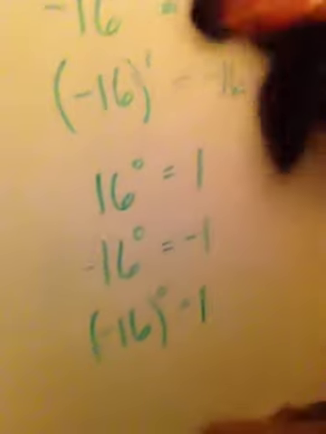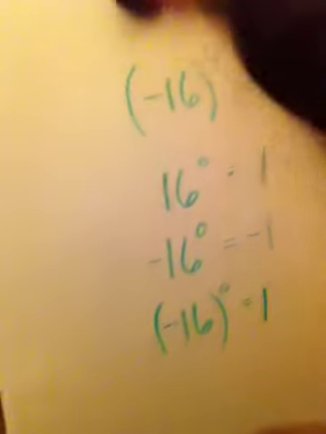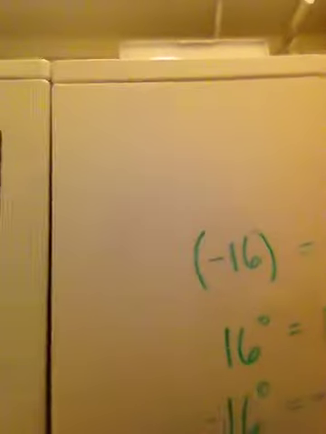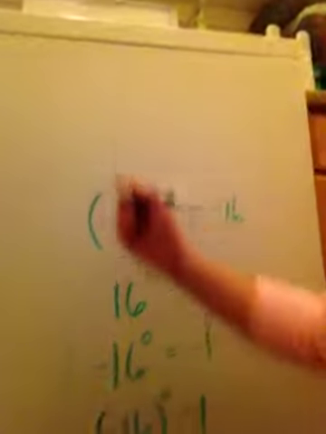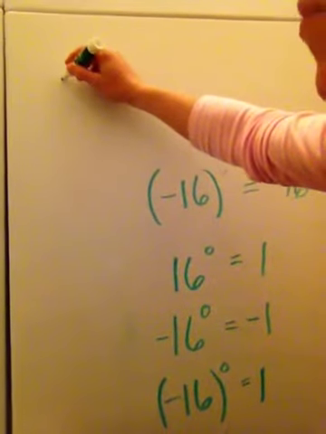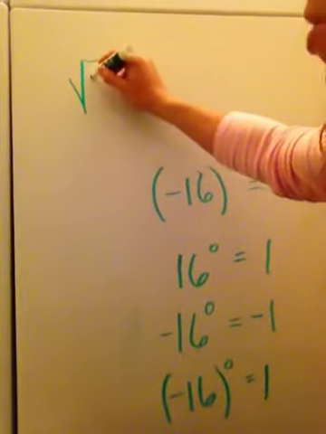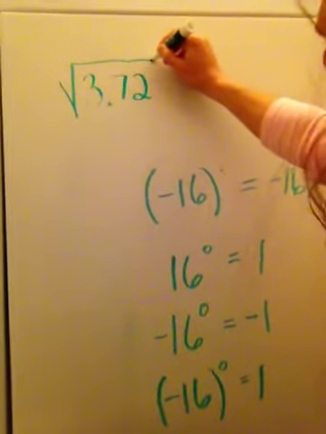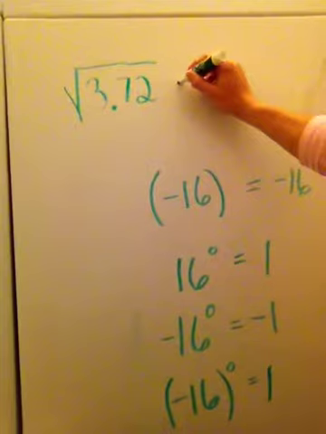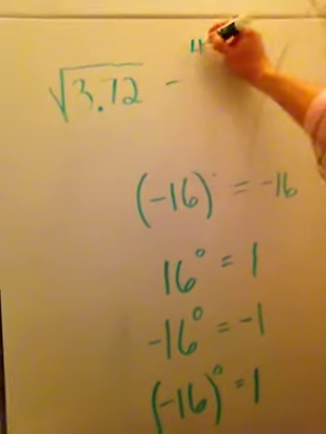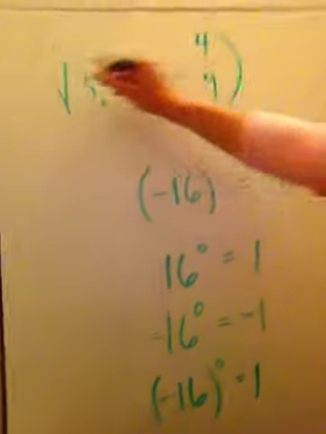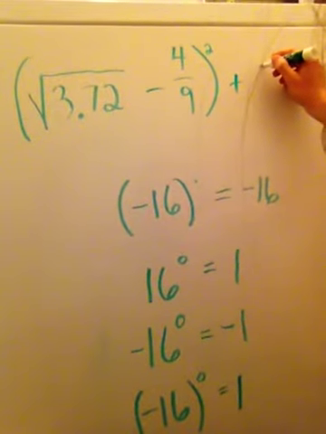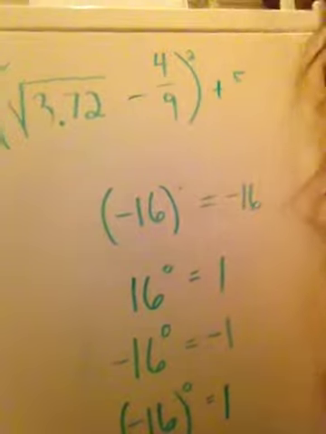Okay, so this is where you can impress your friends. If you want to write something super crazy, you can make up anything you want. Here's a really crazy one: square root of 3.72, which is not pretty at all, minus 4/9, and we'll square all that, plus, how about plus pi?